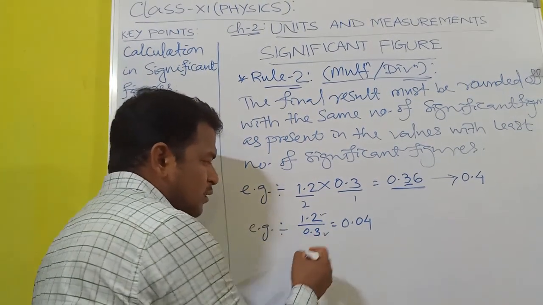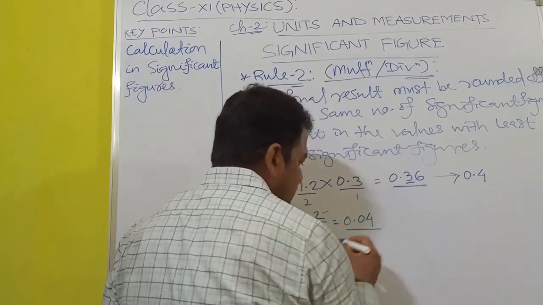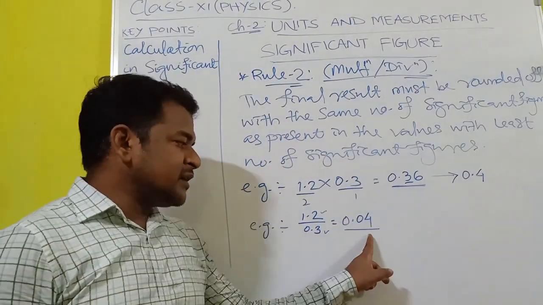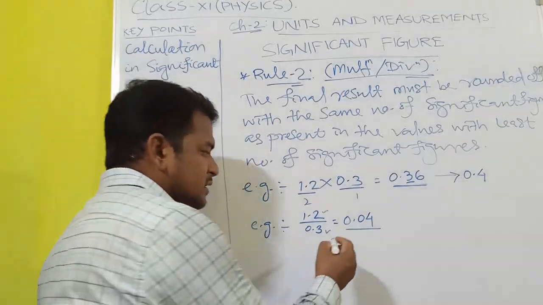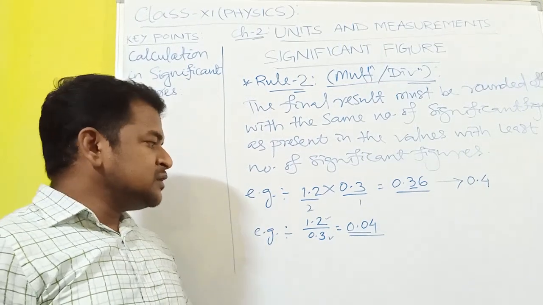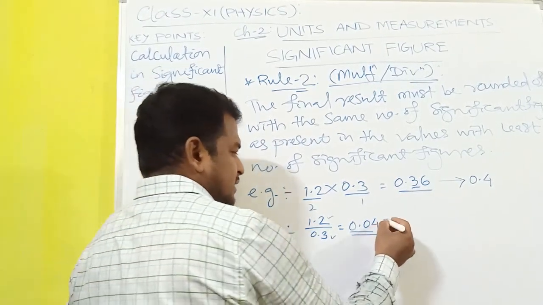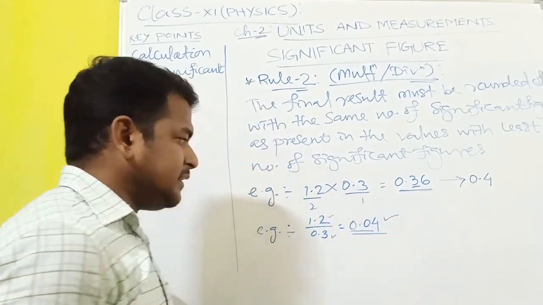In this number 1 significant figure is there. Here 1 significant figure is there, because we know these 2 leading zeros are insignificant. So this is correct. This is the answer.